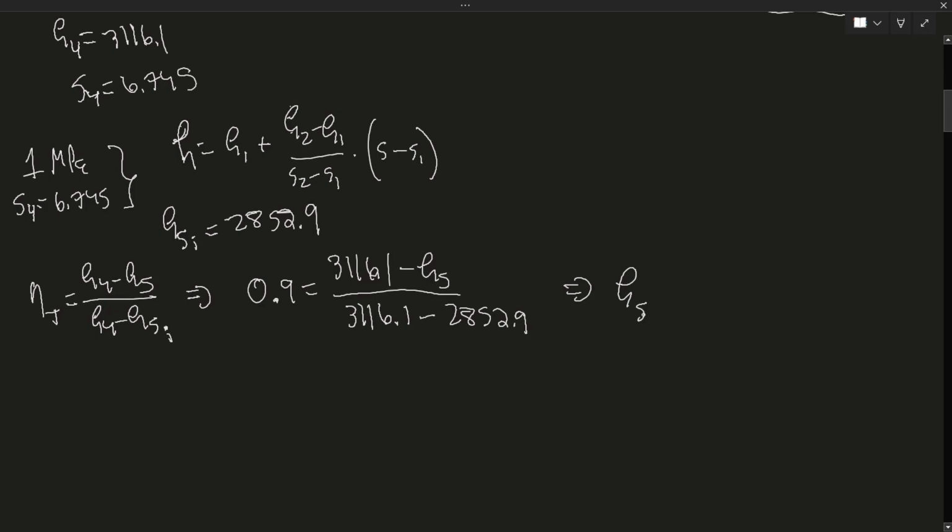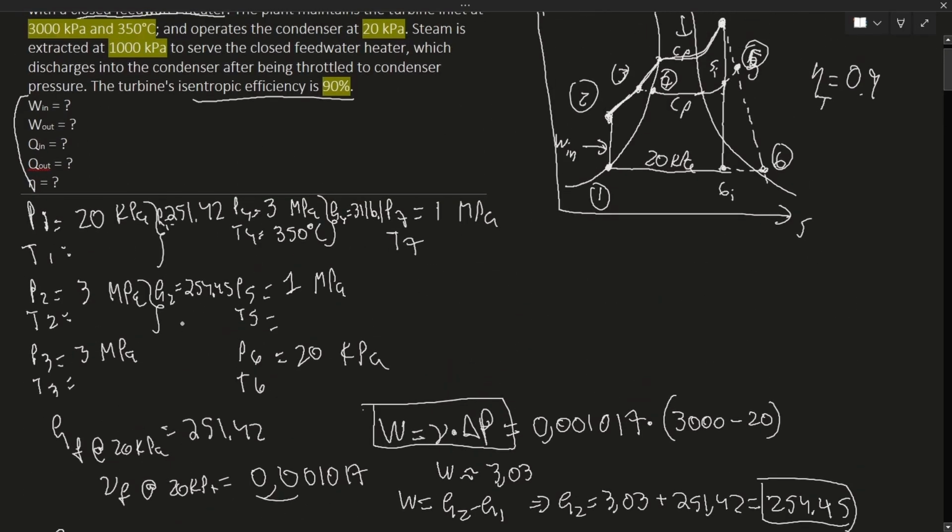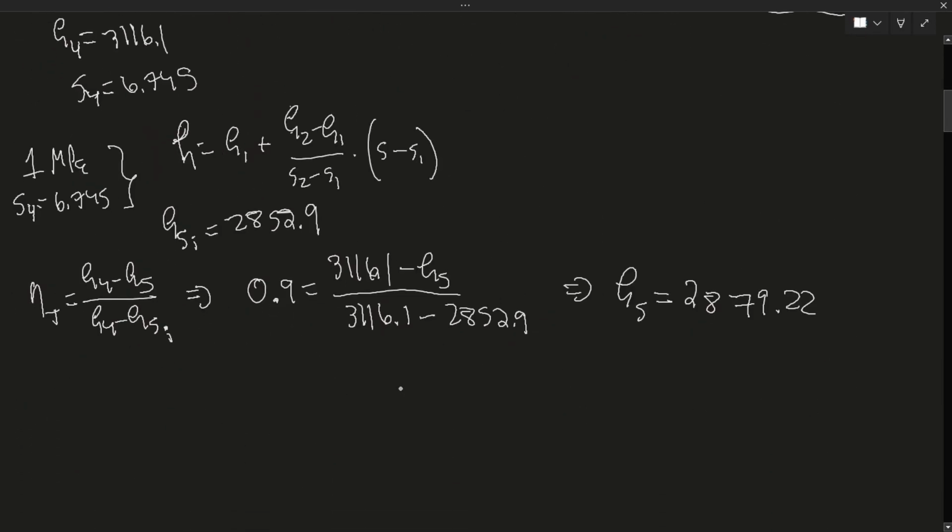With this, we could find the actual enthalpy at H5 to be about 2879.22. We're gonna write this on our table over here. H5 equals 2879.22.